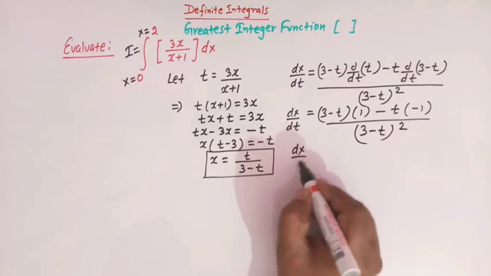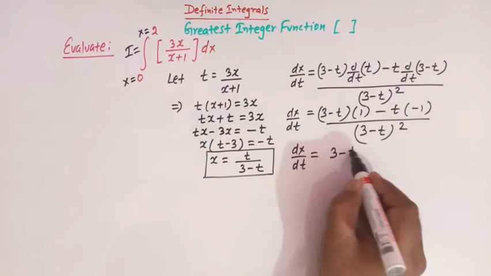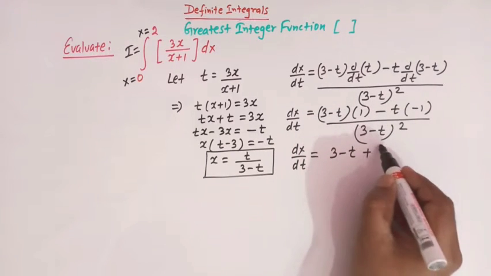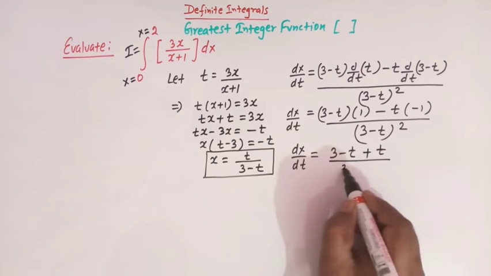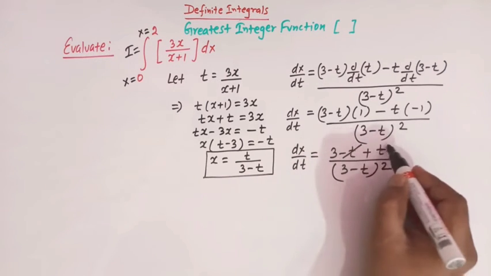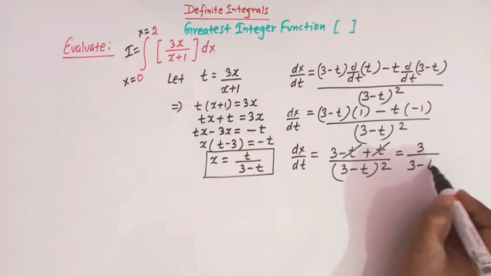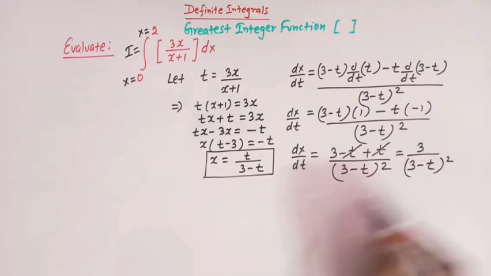So dx over dt is equal to 3 minus t plus t over 3 minus t whole square. This t and this t get cancelled, so we have 3 over 3 minus t square.